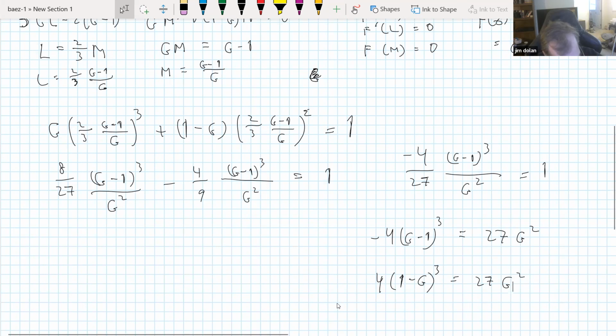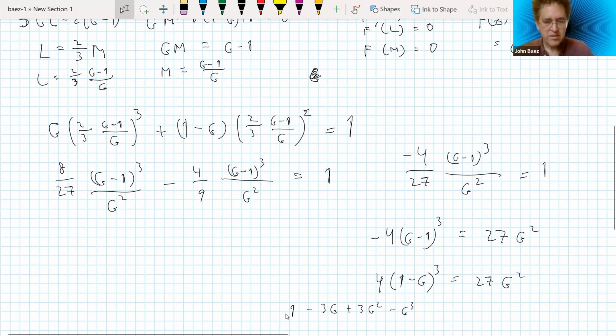It's like 1 minus 3G plus 3G squared minus G cubed. So it's 4 times that minus 27G squared.